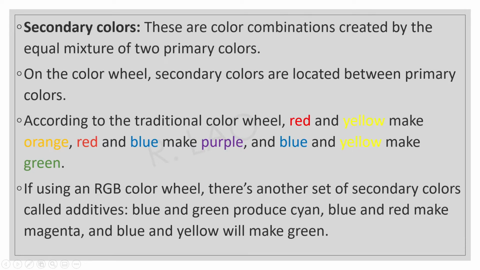On the RGB color wheel, blue and green will produce cyan. Blue and red will produce what? Magenta.